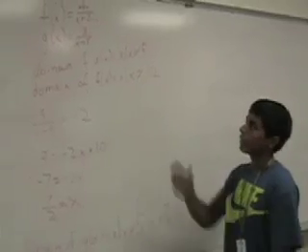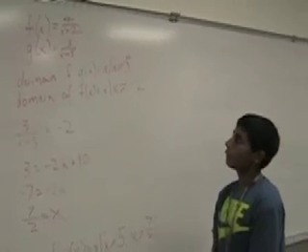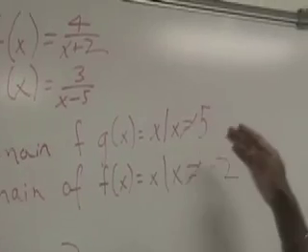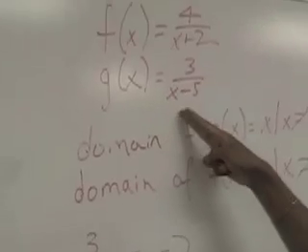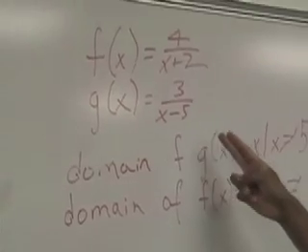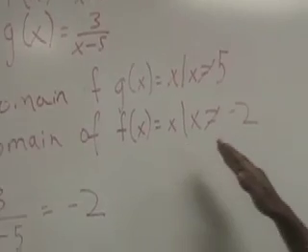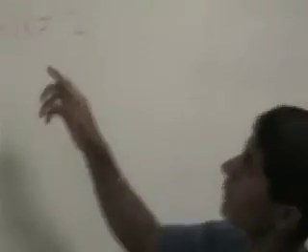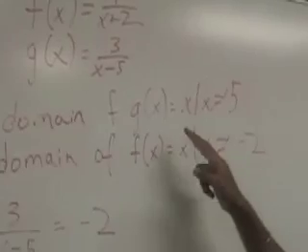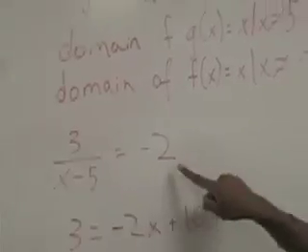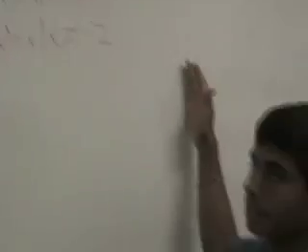What is the domain of f of x and g of x? Well, we have the domain of g of x is x cannot equal 5, because otherwise it would make the denominator 0. The domain of f of x is x cannot equal minus 2, and again it would make the denominator 0. So what we do is we take the domain of g of x and set g of x equal to what f of x cannot be.